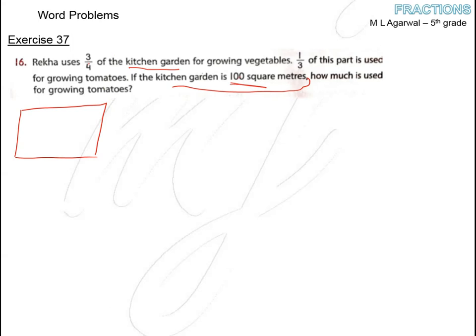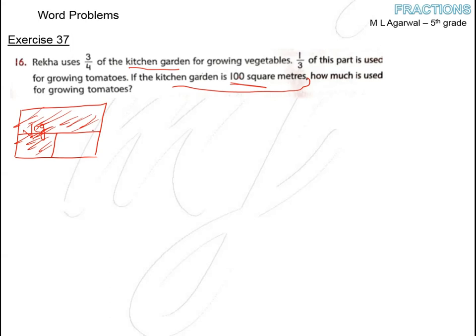Okay, 3/4 of this. So if I say 3/4, how much will 3/4 become? 1 will become half and 1/4 of another half. So this much full area is my 3/4. So this 3/4 of the garden is used for growing vegetables. So here my vegetables are being grown, this much area, and 1/3 of this part. So out of this much which has been shaded, I will have to take 1/3 of it.